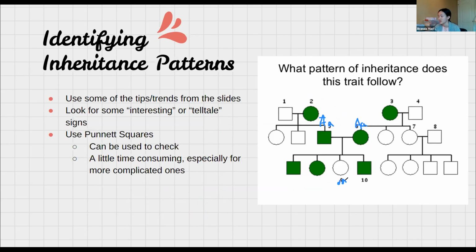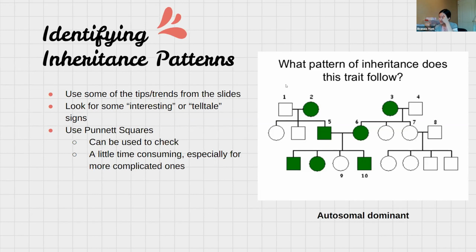In this case, it works because with autosomal inheritance patterns, it does not really matter what gender they are. However, with X-linked or Y-linked, it does matter. Anyway, it's autosomal dominant. Hopefully that made sense.